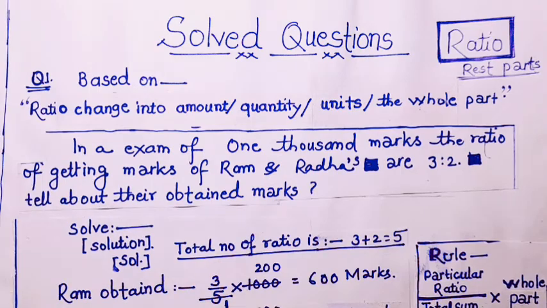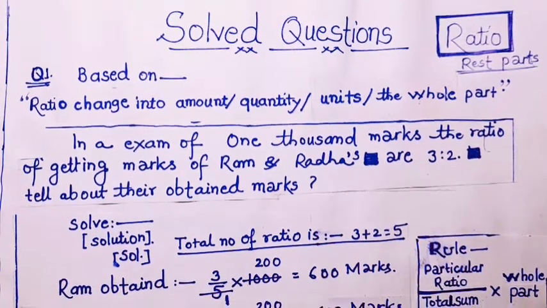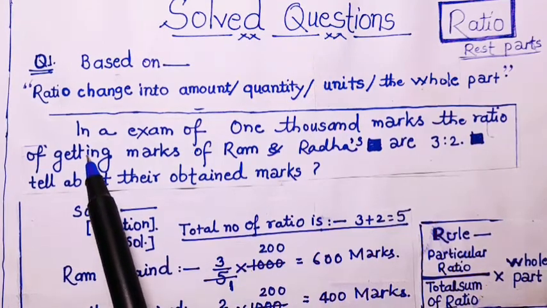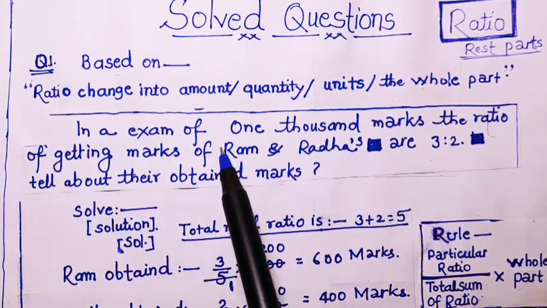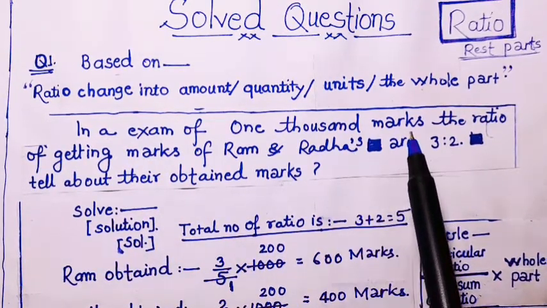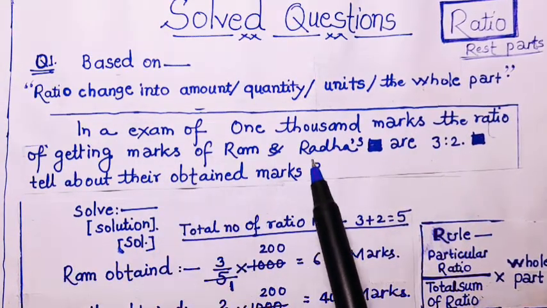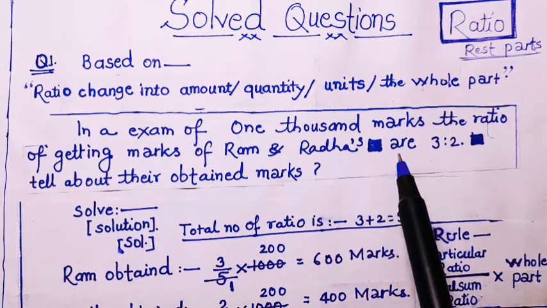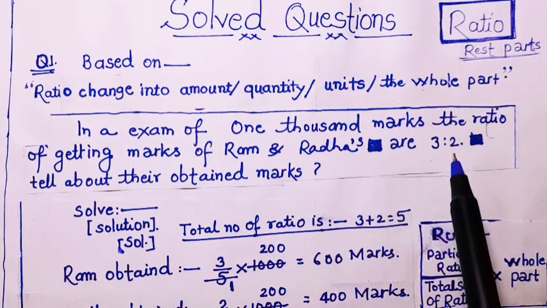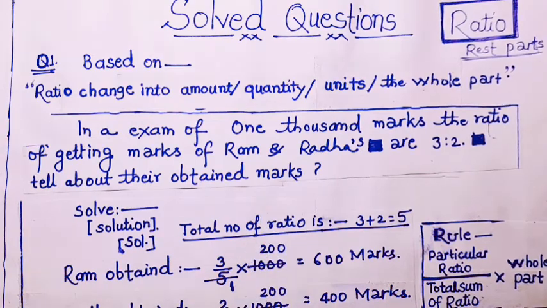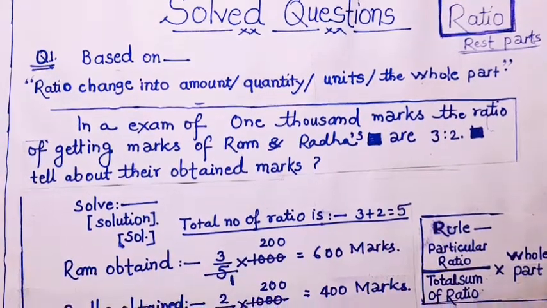So the question is given below. In an exam of 1000 marks, the ratio of getting marks of Ram and Radha is 3 to 2. Tell about their obtained marks.